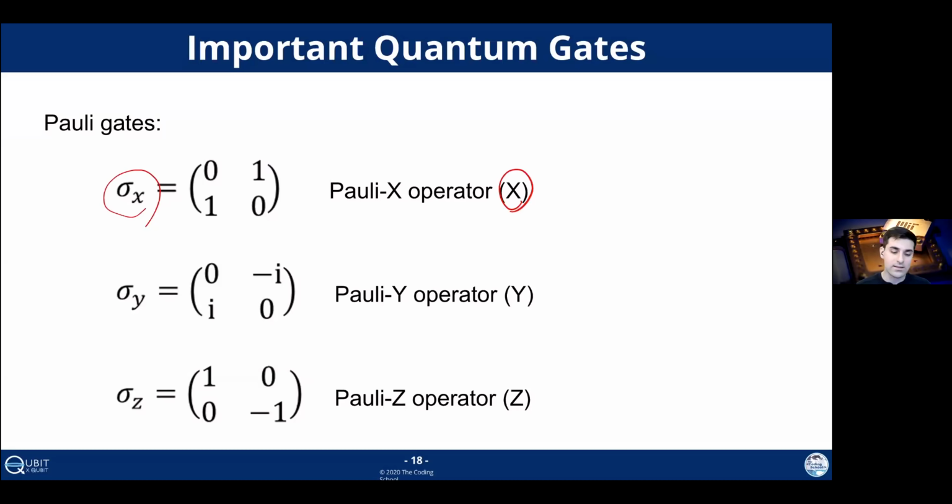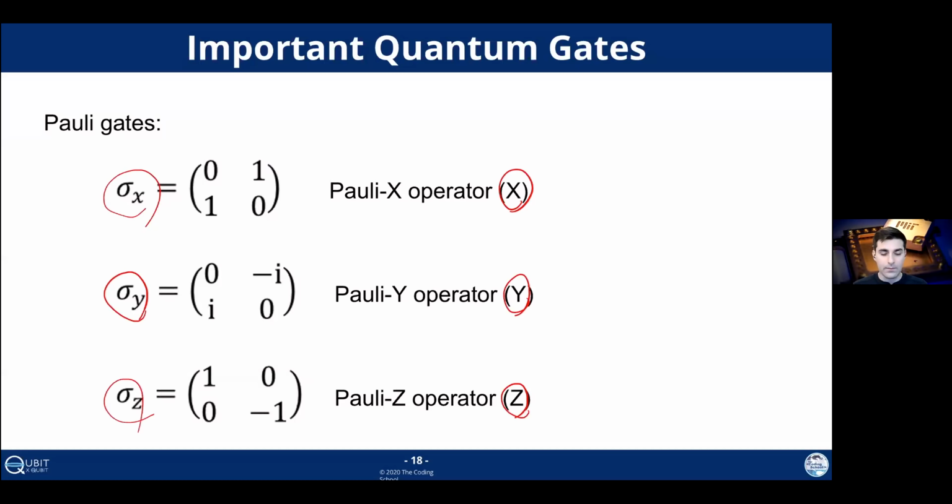Another operator is the sigma y operator. It looks like 0, minus i, i, 0, and we show it as Y. Another important one is the Pauli Z operator, which is just 1, 0, 0, minus 1. Sometimes we just show it with a single Z. So we've seen these before, and we've seen them in action a little bit.